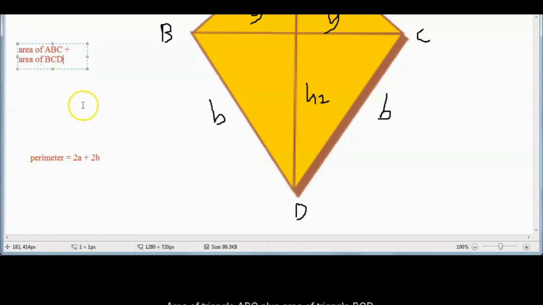So area of triangle ABC plus area of triangle BCD.